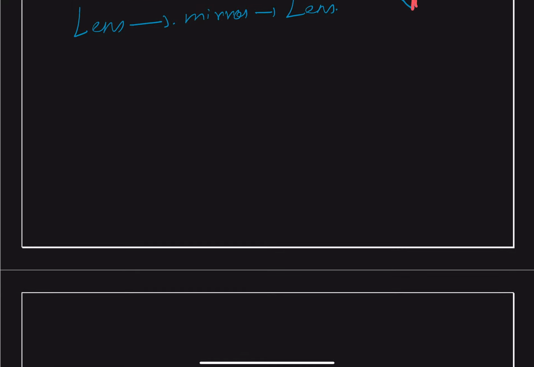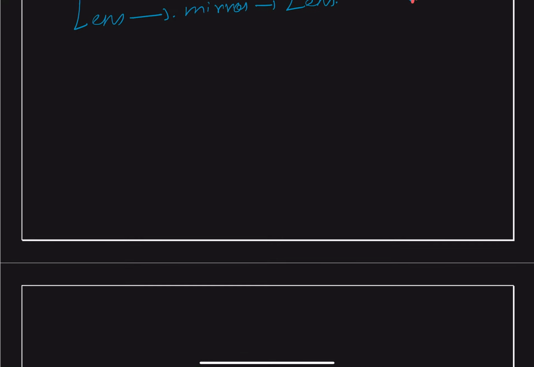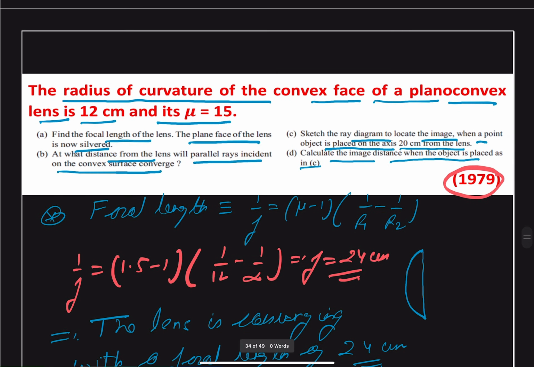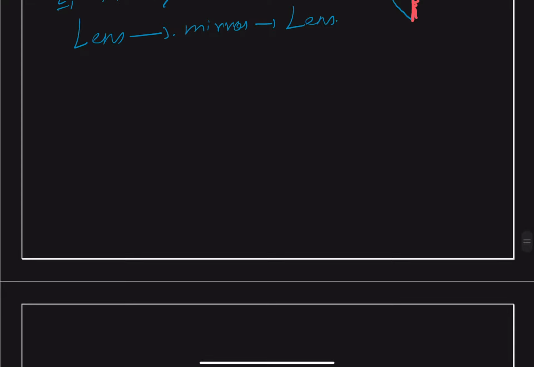We are supposed to find the focal length of the lens whose plane surface is now mirrored.